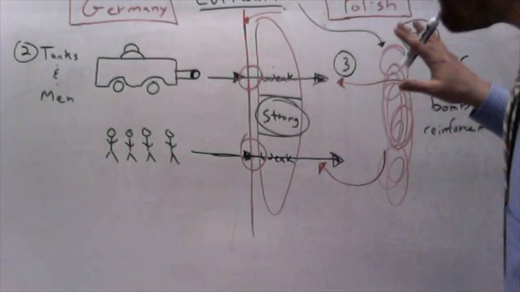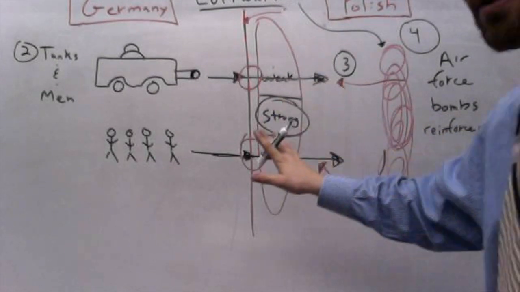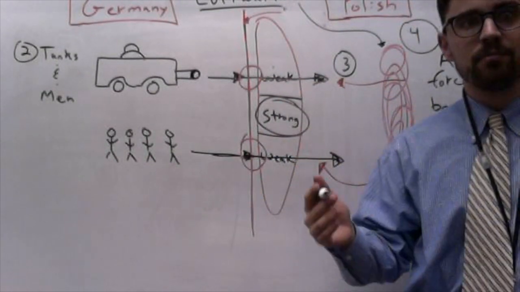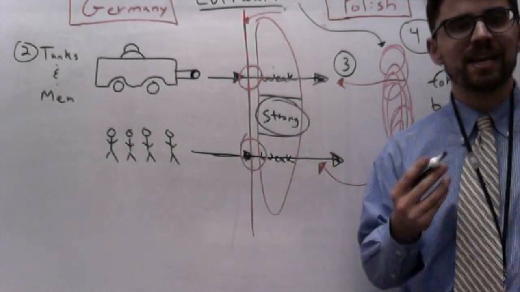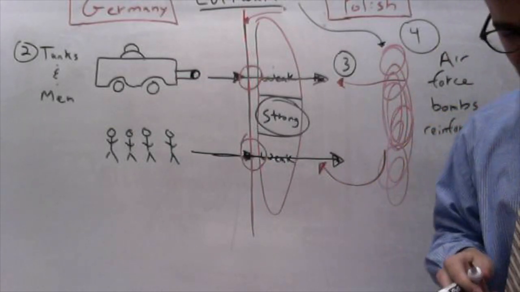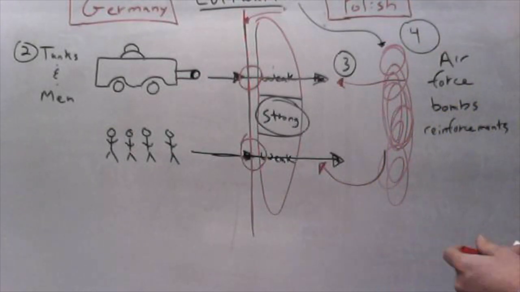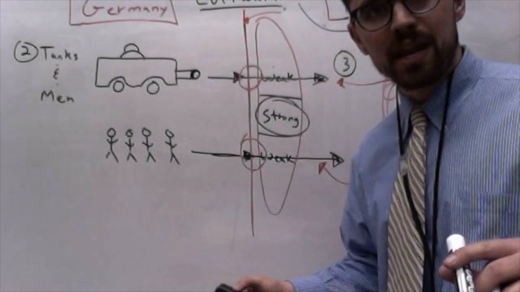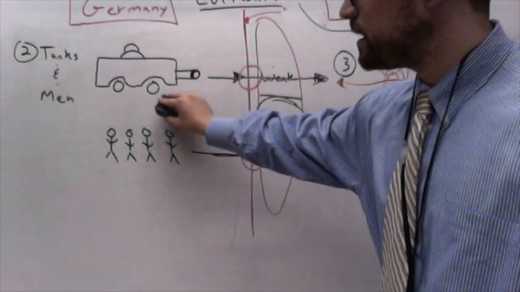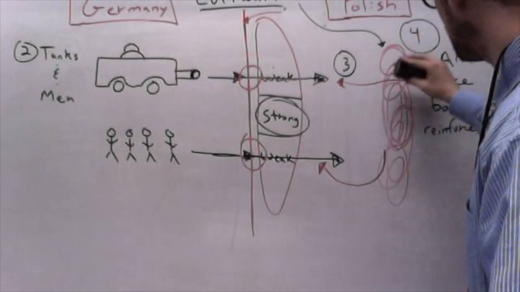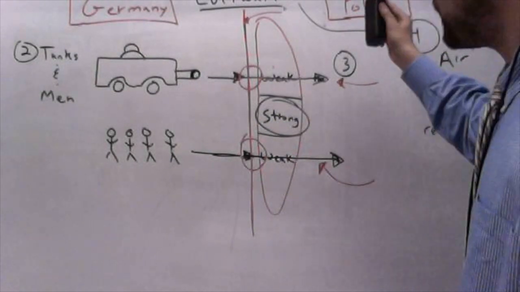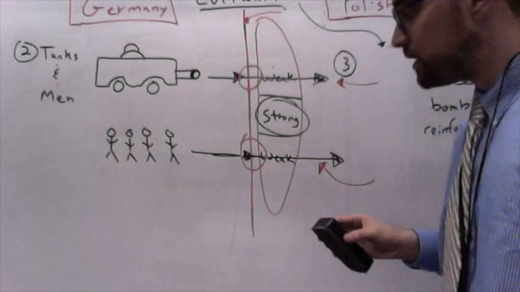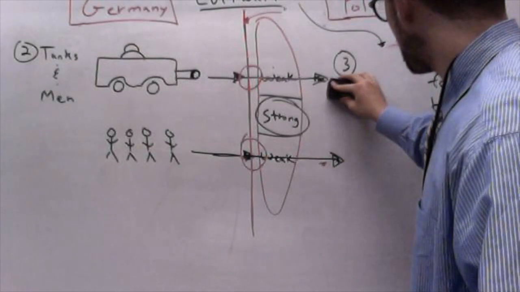So, as you can see, the people on the ground and then in the air are working together. They're working in tandem at the same time. Now, because the reinforcements are not a threat to the tanks and the men on the ground, we can eliminate them because of the Air Force, the Luftwaffe, doing a fantastic job.